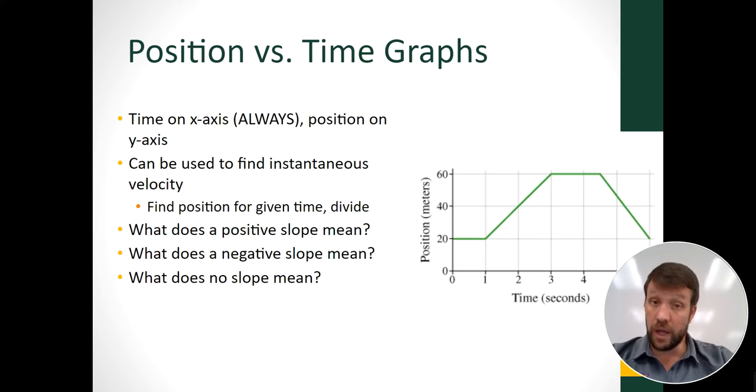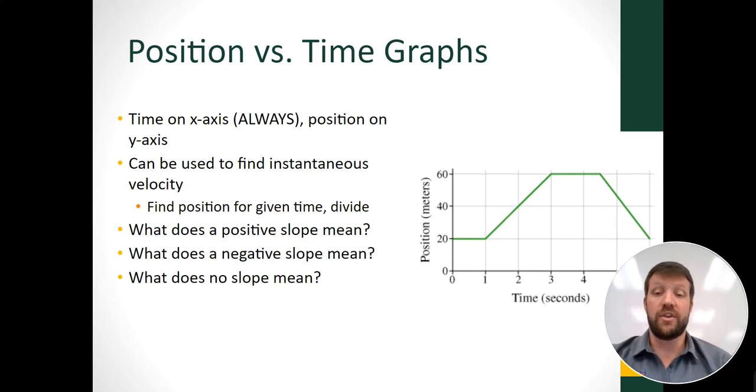So we have some sort of velocity in between that time. From 3 to roughly 4.5 seconds, you see there, again, staying at that location of 60 meters, so there would be a velocity of 0 again. And from 4.5 to 6 seconds, we are going from 60 meters back to 20 meters. And so we would have a velocity there as well.